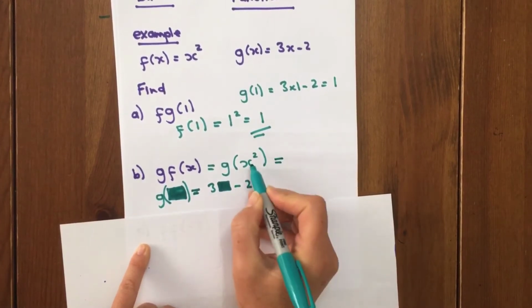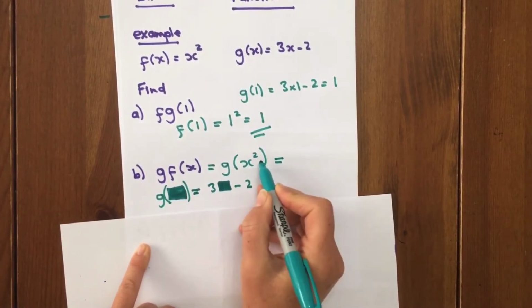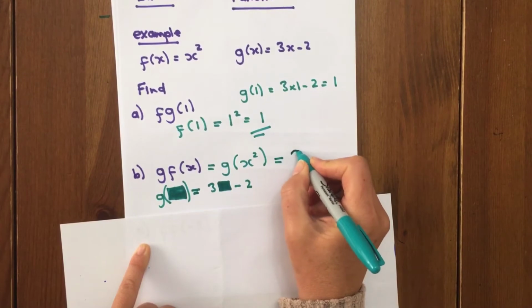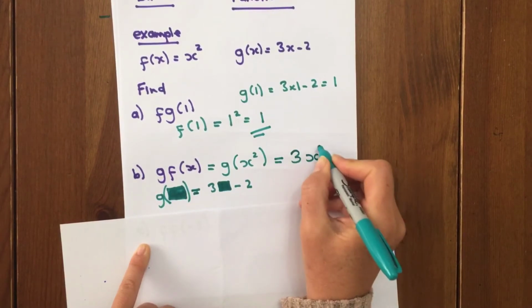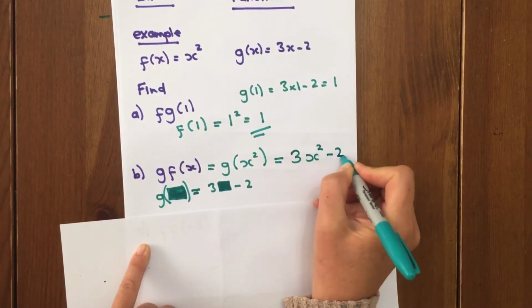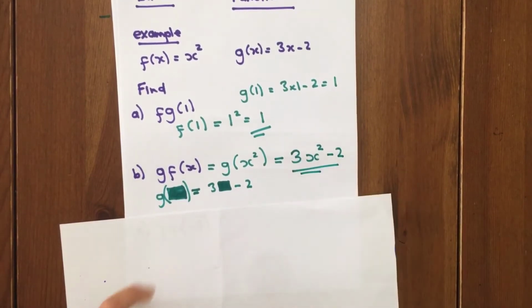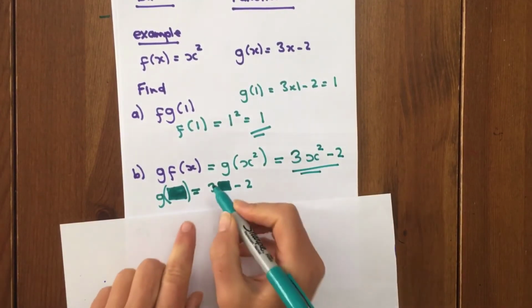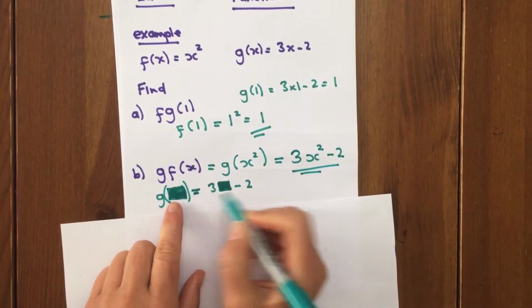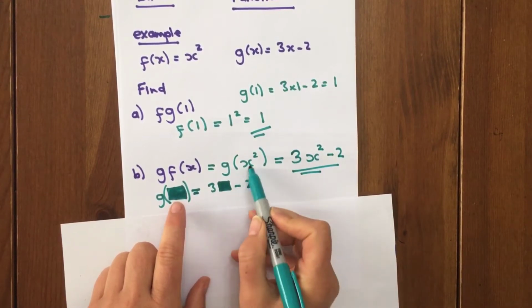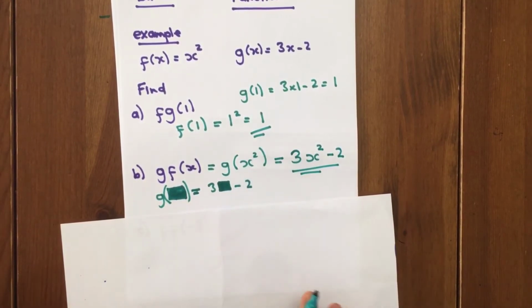So in this case, our box is x squared. So the function g says we're doing 3 lots of x squared, take away 2. So there's my solution. I always tend to think this is easier as a box rather than x, because it doesn't get confused with the other x's.